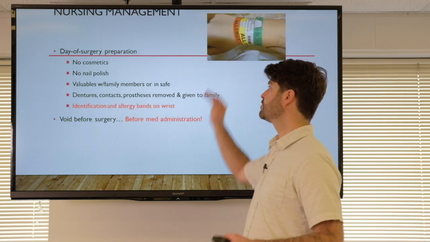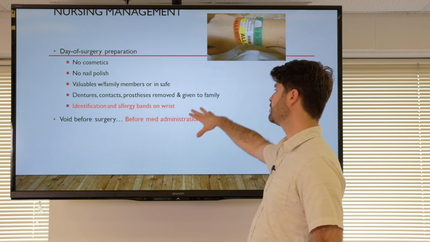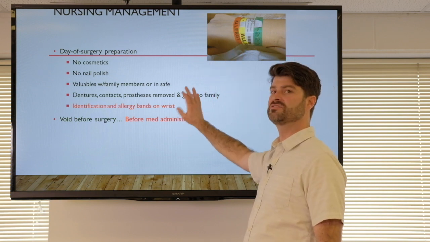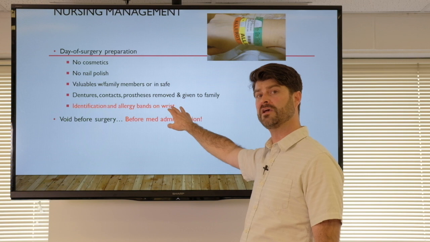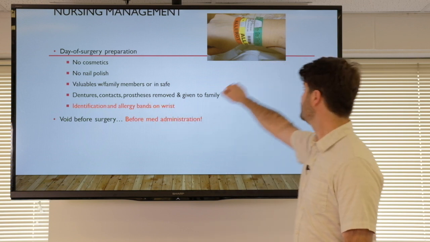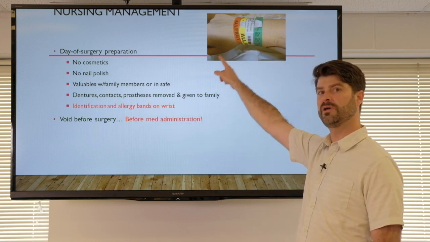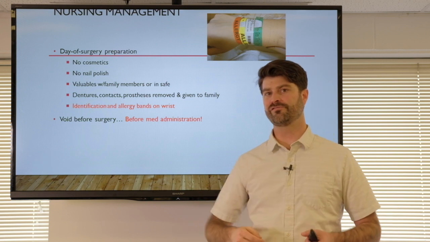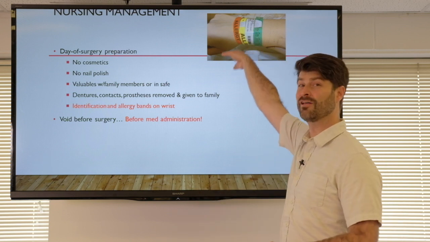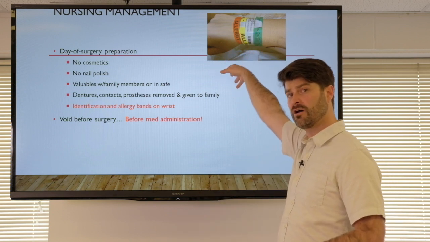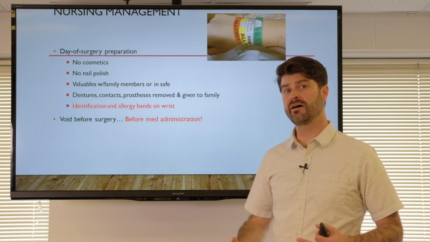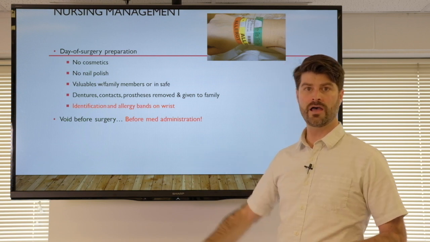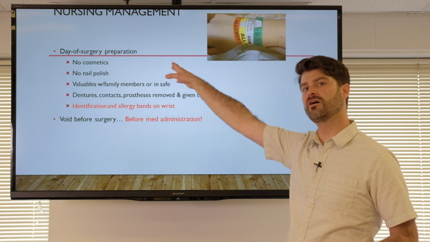So then nursing management for the day of surgery preparation, we talked about all these things. The other big deal is their allergy bands and all the wristbands that need to be in place. So the red one is our allergy band. Those come in a couple different flavors. One is the red one that just says allergy on it, and we'll put that on a patient if they had a medication allergy. So if they have no known allergies, they won't have a band on at all.